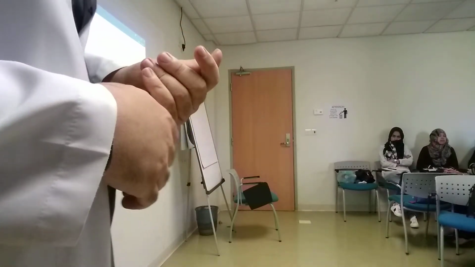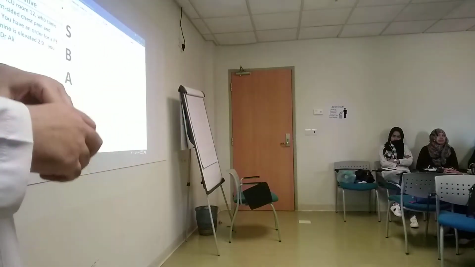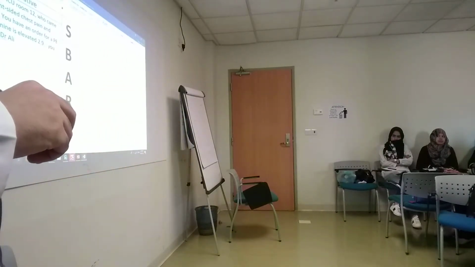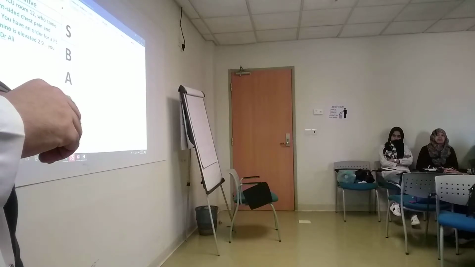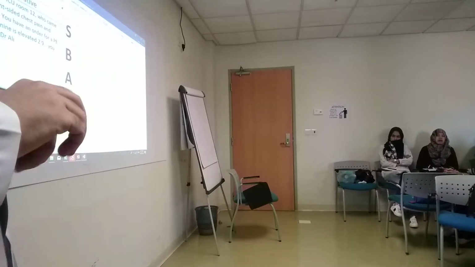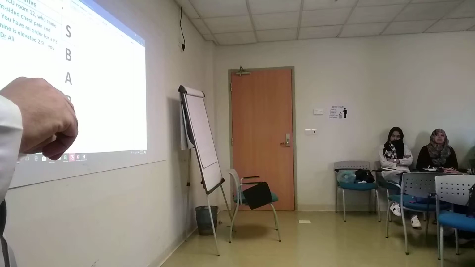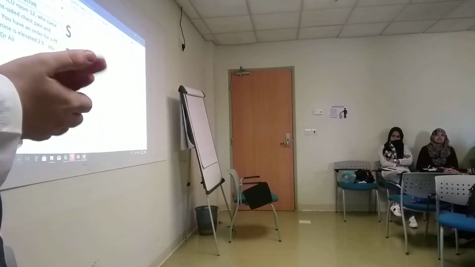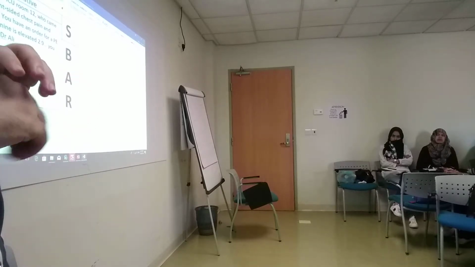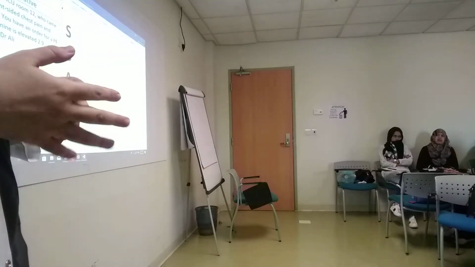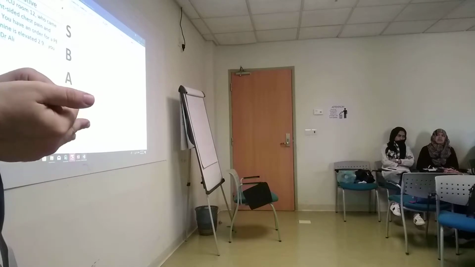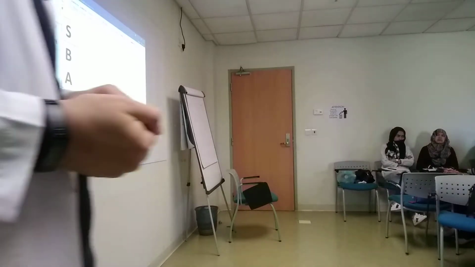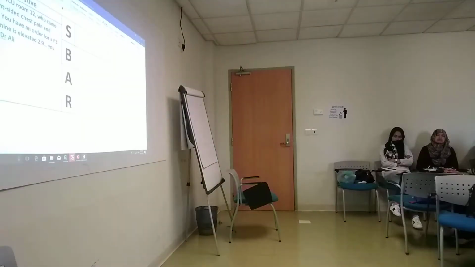So you will say in the S, the patient has right-sided chest pain and difficulty breathing. What is in B? Pulmonary embolism study. Saturation, creatinine. Exactly.